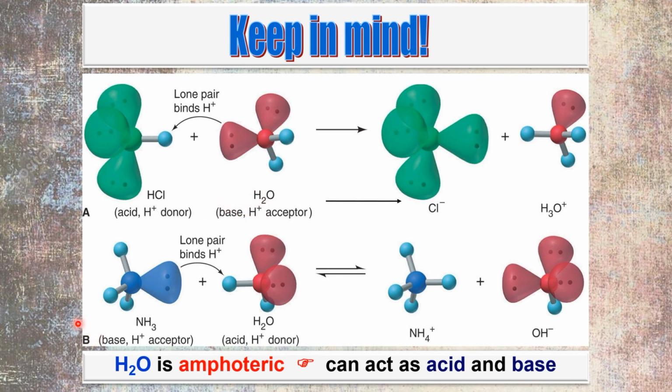For reaction B, NH3 dissociates in water. Because NH3 has a lone pair on the nitrogen atom, it can accept a proton from H2O. Whereas H2O here donates a proton to nitrogen, so H2O reacts as an acid.